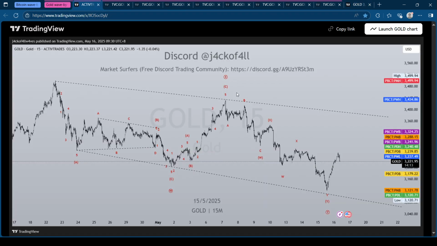Now, going back here, let's continue with the counts of gold. So here is the current structure of the gold. It is a higher degree WXY. If you can still remember, the difference between a WXY and an ABC correction is the internal wave counts.